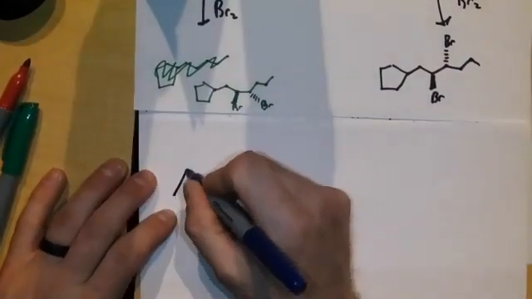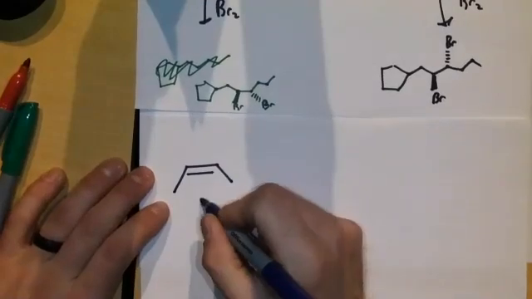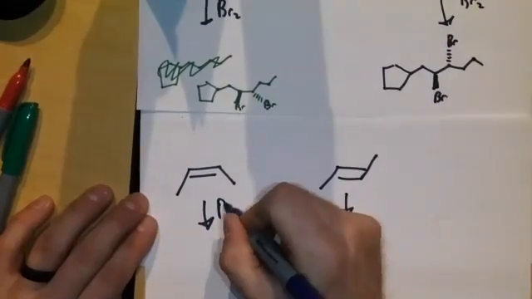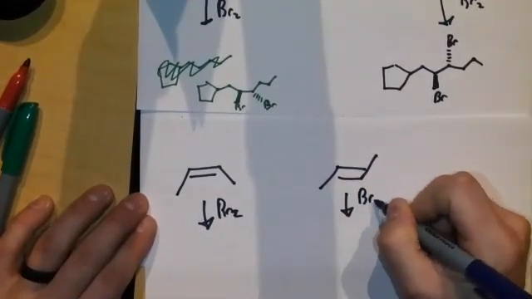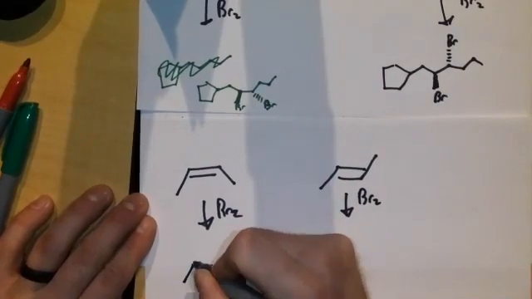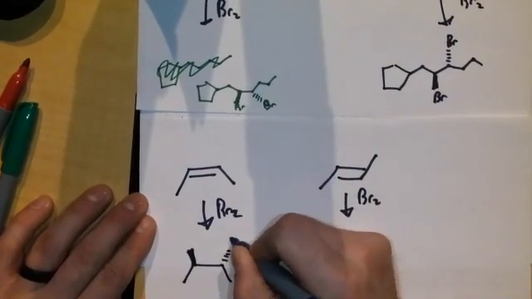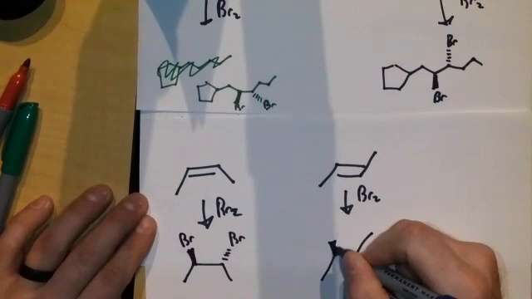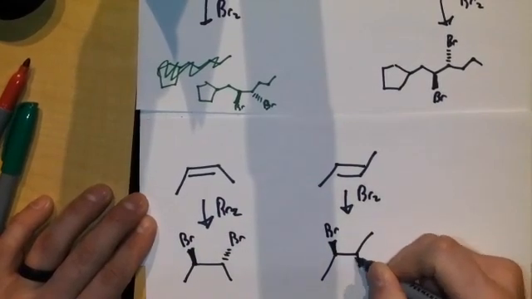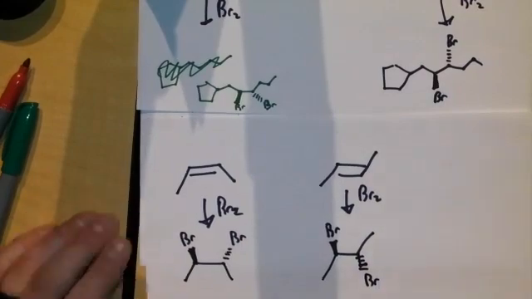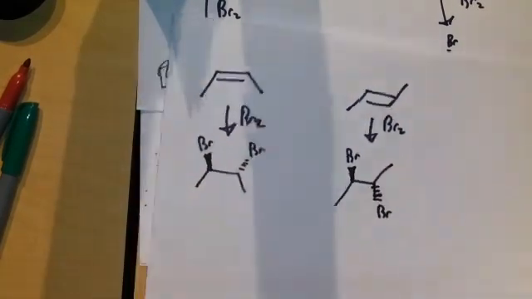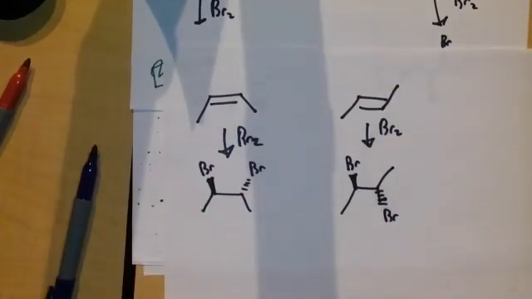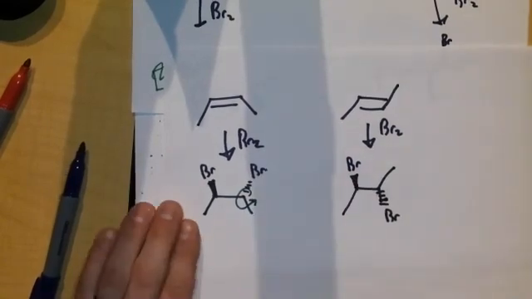If you brominate this versus this, so you're adding in Br2, if you want this to look the same as this, where this has a zigzag carbon skeleton, you have to rotate this 180 degrees.